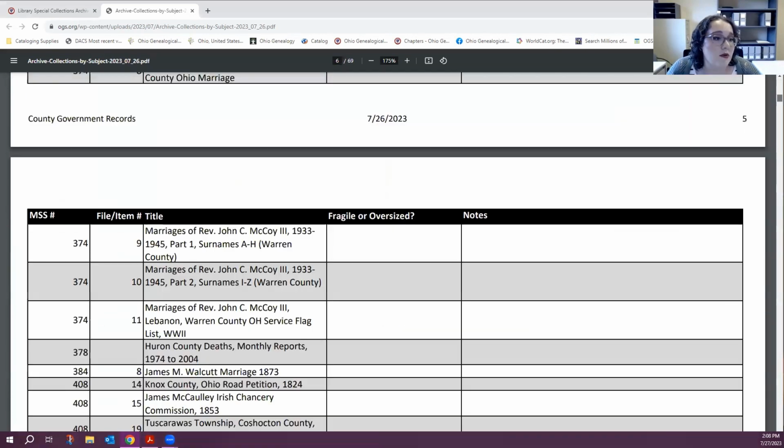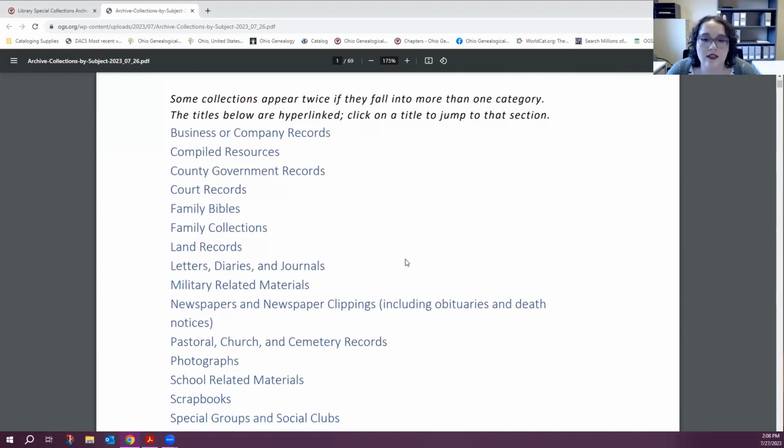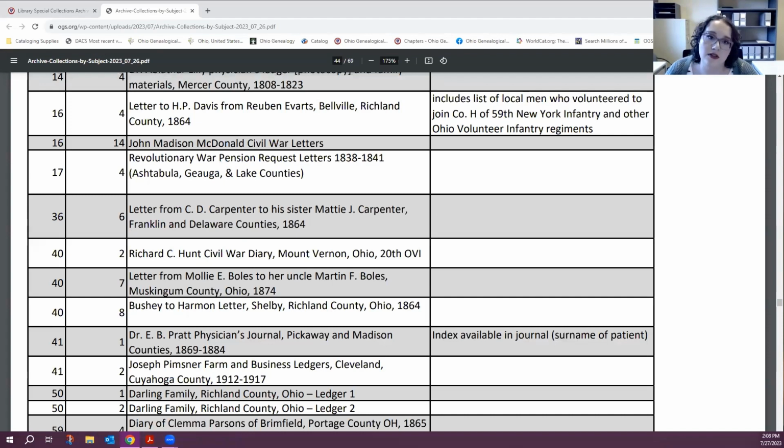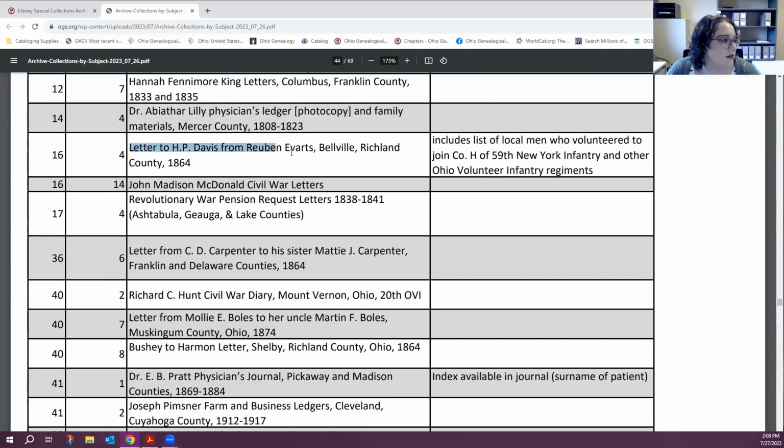Also, an important thing to note is some collections are listed twice. If a collection fell into two different categories, I posted it twice. An example of that is if we go to letters, diaries, and journals, is this letter to H.P. Davis. It also includes a list of local men who volunteered to join the New York Infantry and then other OVIs.